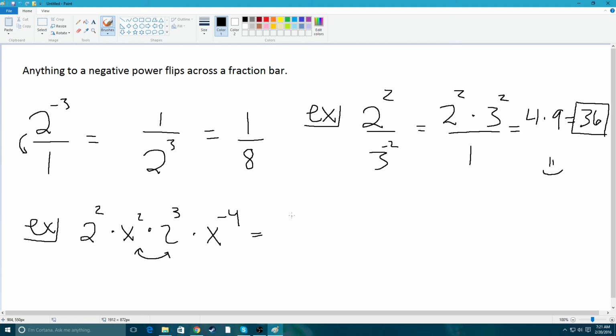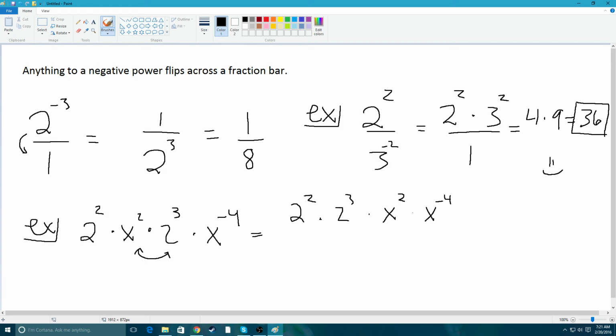And this becomes 2 to the second power times 2 to the third power times x to the second times x to the negative 4. Sorry, I accidentally moved them all over again.